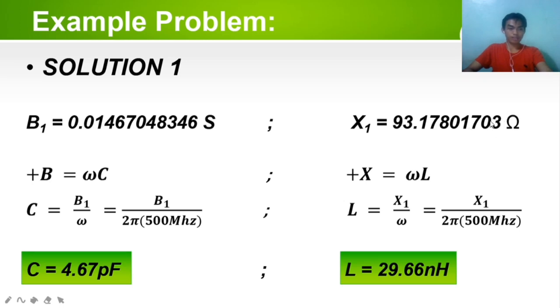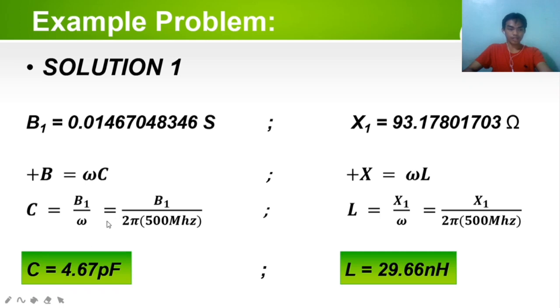To get the capacitor of the circuit, the susceptance B1 is divided by omega, which is 2 pi times 500 megahertz.